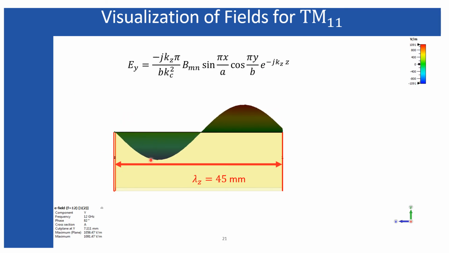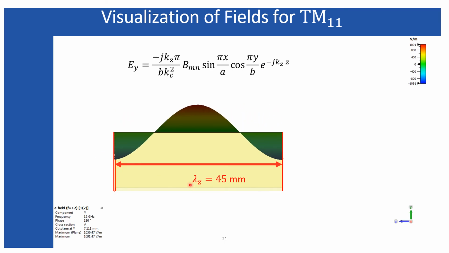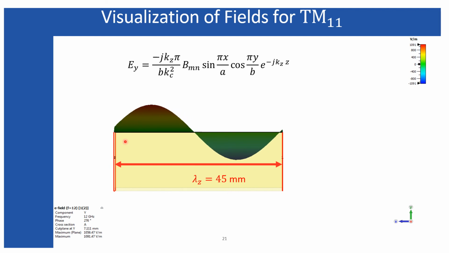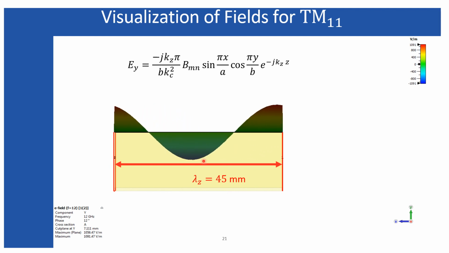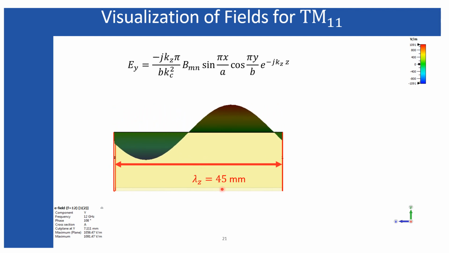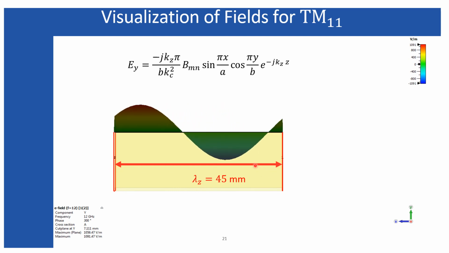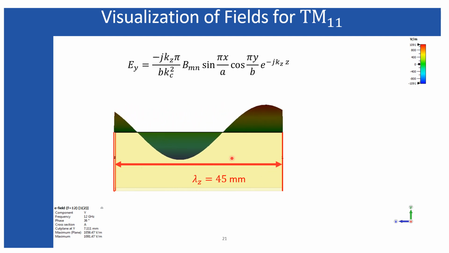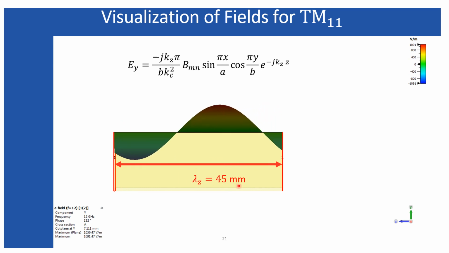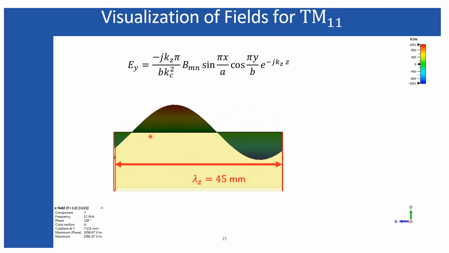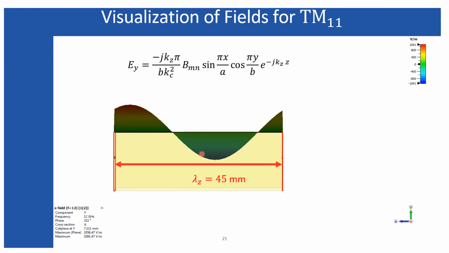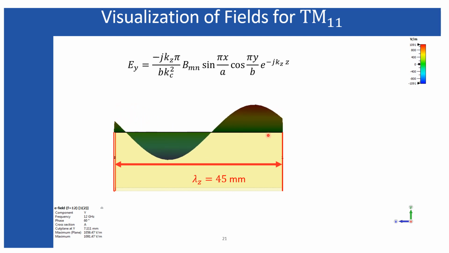And the last one, to make you understand that the wavelength I have obtained by simulating this waveguide is exactly equal to 45 millimeter, because along the z direction I have designed the waveguide with a length of 45 millimeters. Therefore only one wavelength should occupy the entire length of the waveguide.